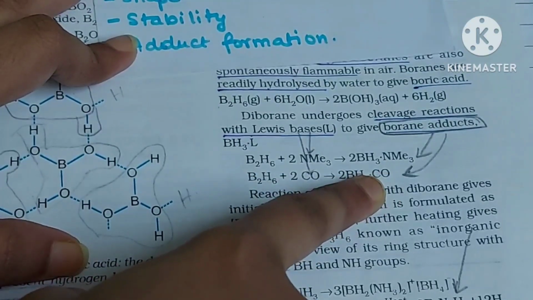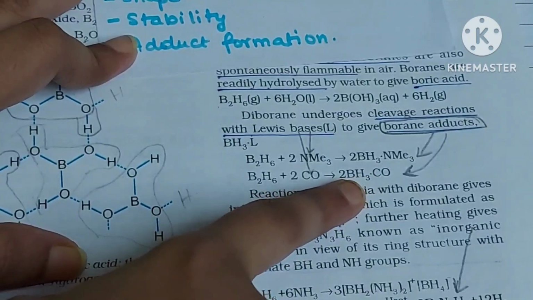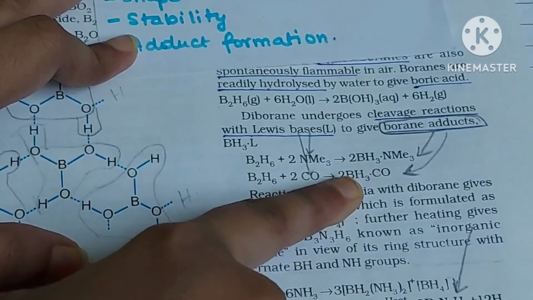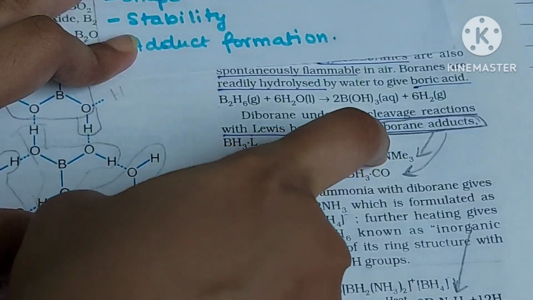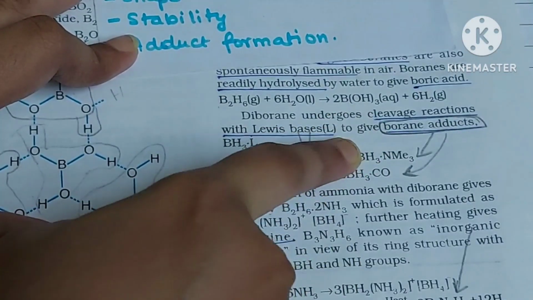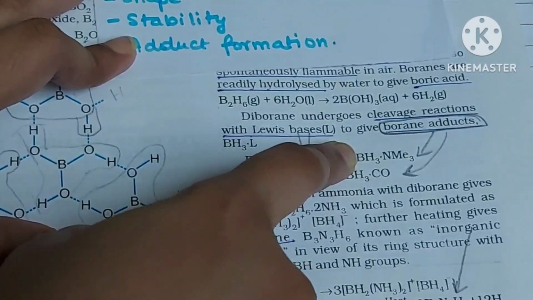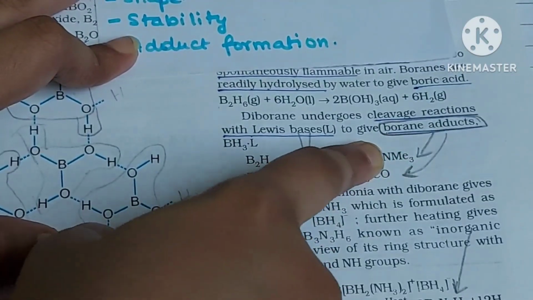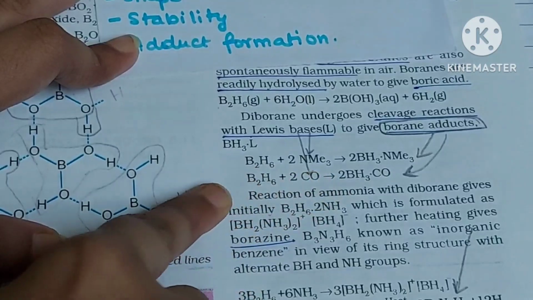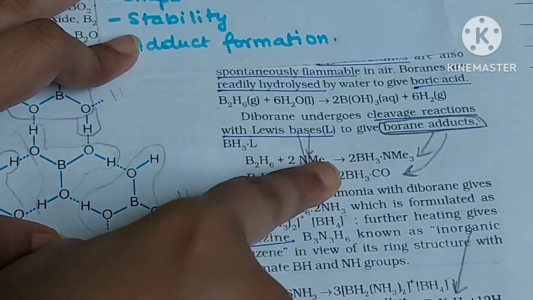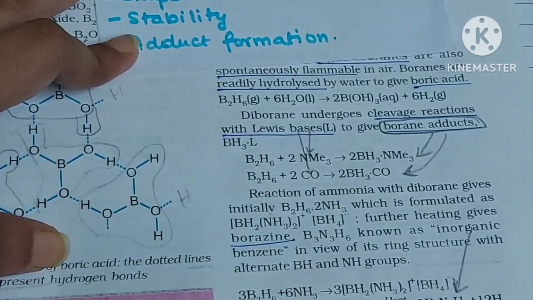Here in CO, C donates its lone pair to boron. Here N is the donor and boron is the acceptor: boron has an empty p orbital and nitrogen has a lone pair, and similarly carbon has a lone pair.